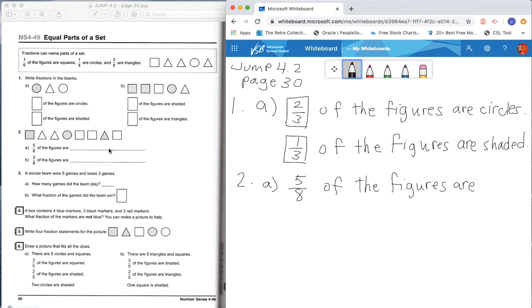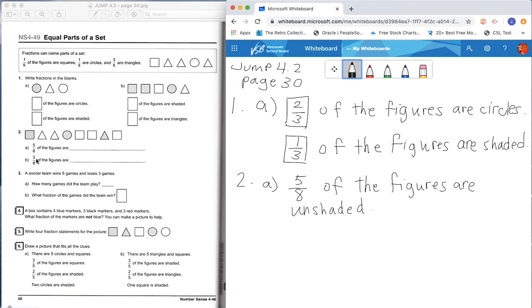Only 4 squares. So it can't be anything to do with actual shapes. Shaded: 1, 2, 3. There's 3 shaded. How many are unshaded? 1, 2, 3, 4, 5. Okay, so we found our answer. 5/8 of the figures are unshaded, or you can just write not shaded.